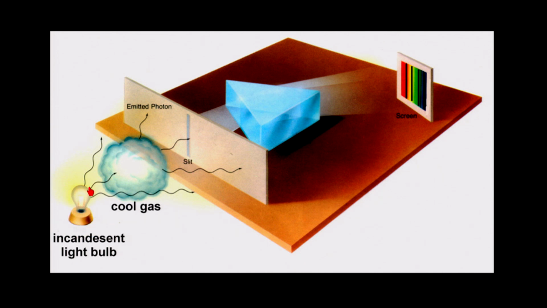We pass all of the colors through a cloud of gas that is cool in temperature, and the light that goes through the cloud then goes through the slit, goes through the prism, and what you'll notice is that you get the colorful background, but various places where color is missing. So each of these dark lines is called an absorption line, or the whole thing is an absorption line spectrum. So, cool transparent gas in front of a source of continuous light.